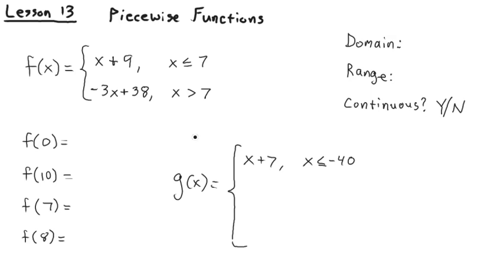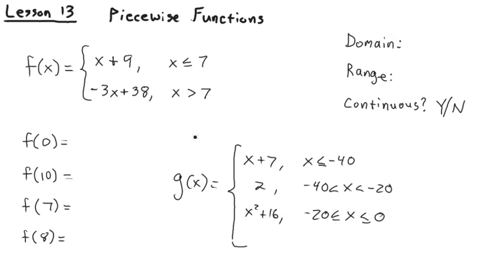And then the next piece could be 2, a constant function, when x is between negative 40 and let's say negative 20. And then a third piece that is a quadratic, like x squared plus 16, that can run from negative 20 up to, let's say, 0.